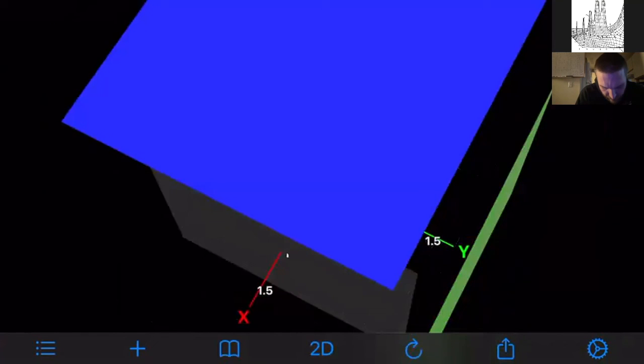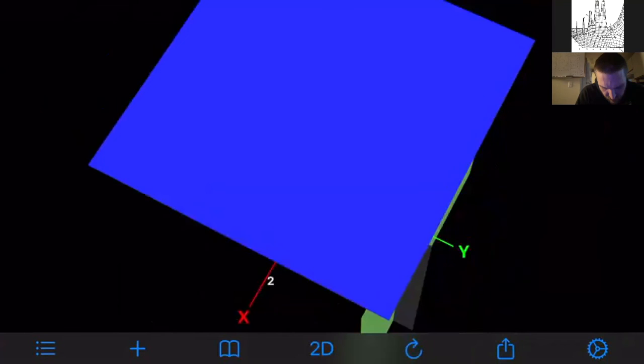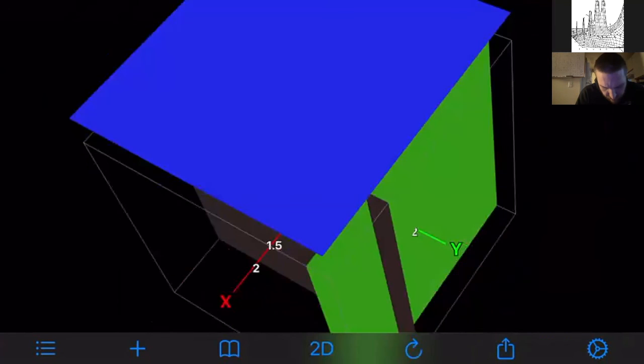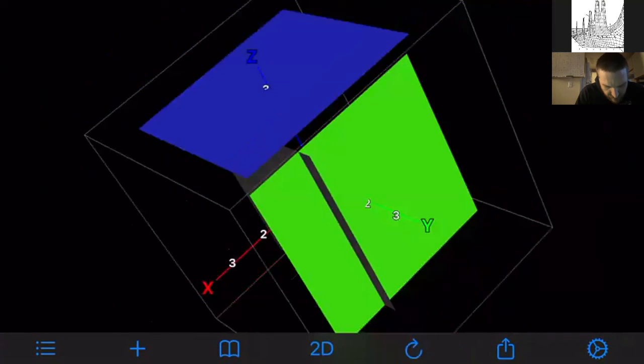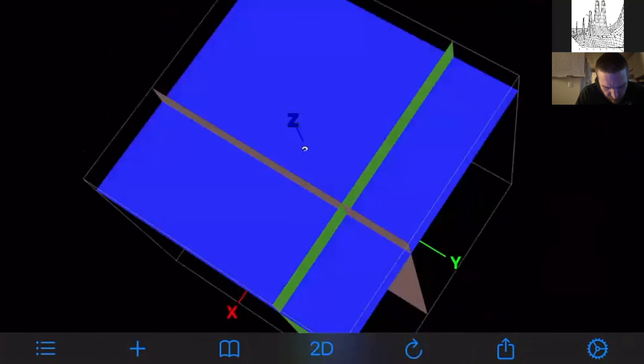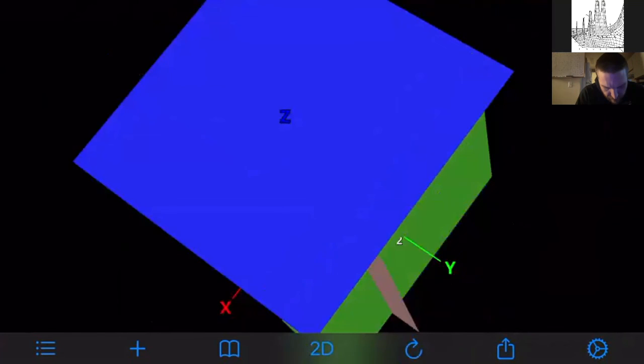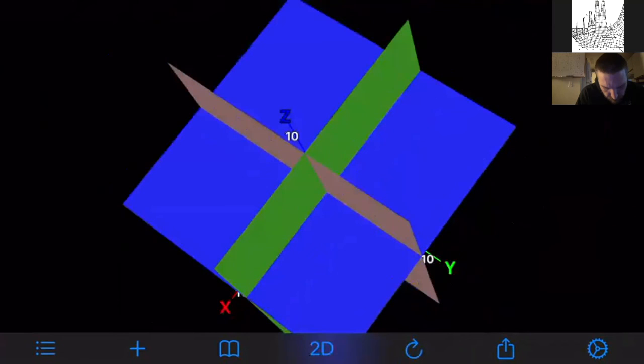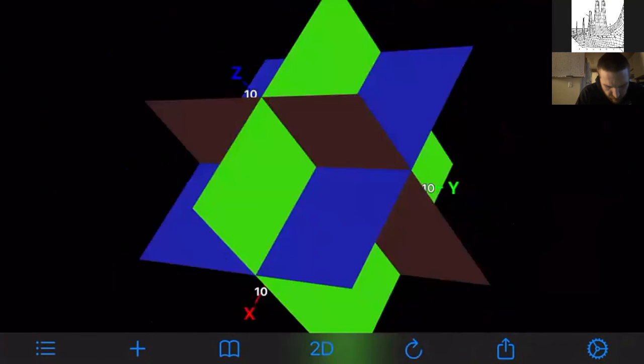The y goes through 2 right down there. And the z goes through 3 right there. And that is the point where all of those guys meet up. Right there. 1, 2, 3.